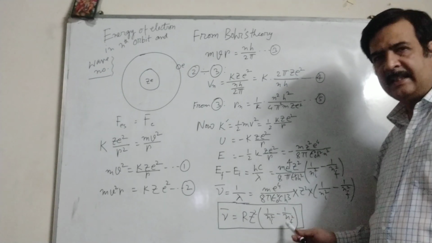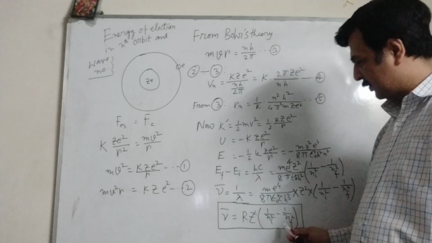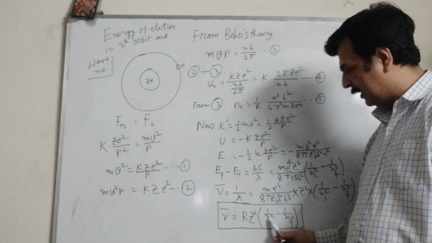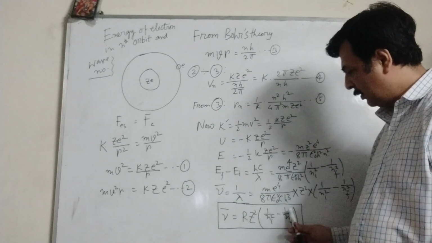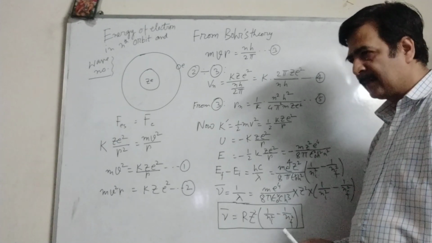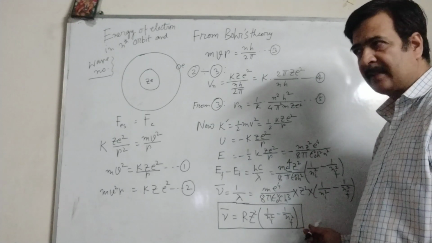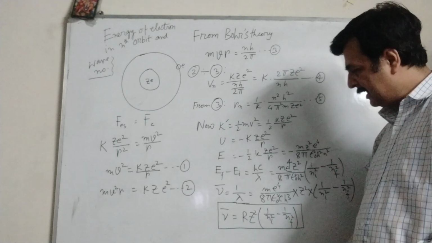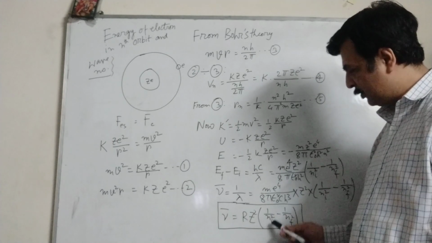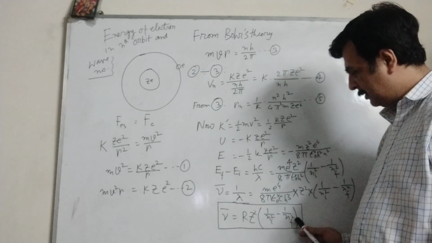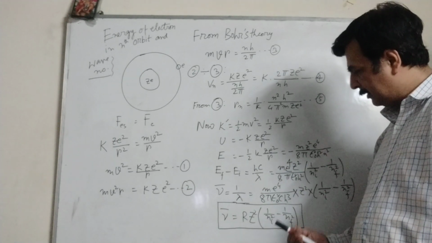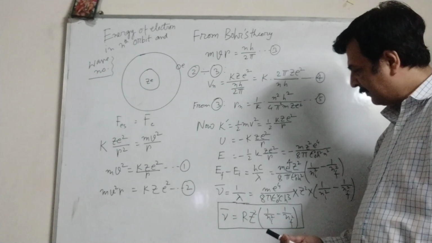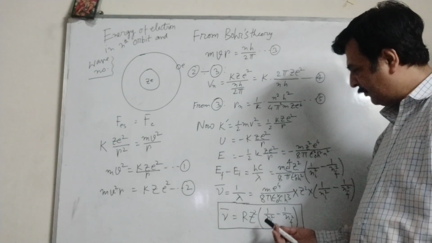Now from this idea the spectral series comes. For the Lyman series ni is 1, so it is 1 squared minus 1 by nf squared, where nf is 2, 3, 4, 5, etc. For the Balmer series ni will be 2, so 1 by 2 squared minus 1 by nf squared. Lyman, Balmer, Paschen, Brackett, Pfund.